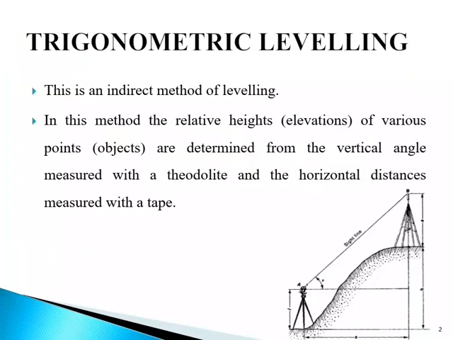You can see its arrangement in the figure. Somewhat of an idea you will be getting from that. Trigonometric leveling is not as accurate as direct leveling. It is generally used in topographic work and in very rugged terrain where direct leveling is difficult.